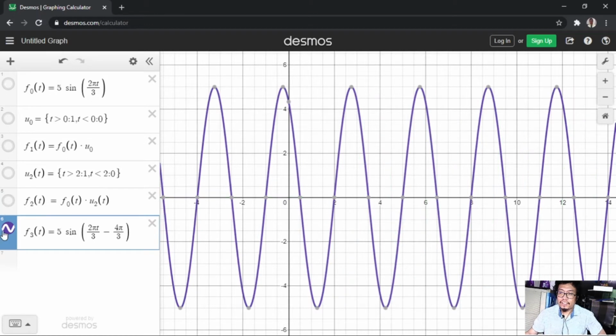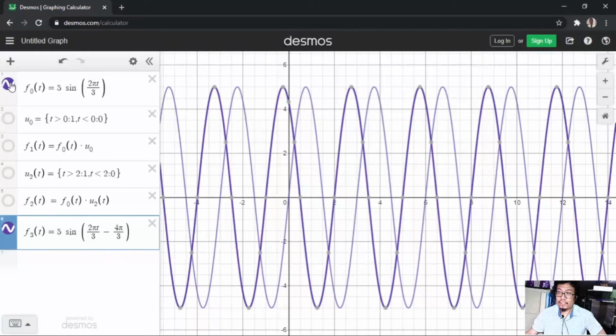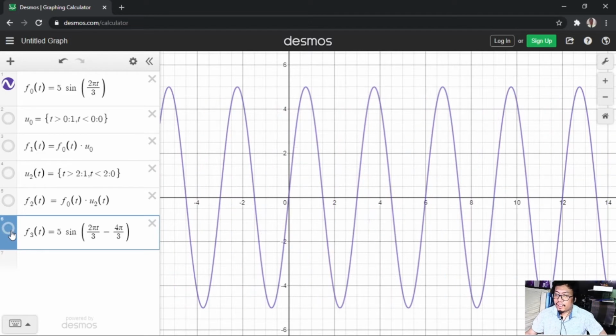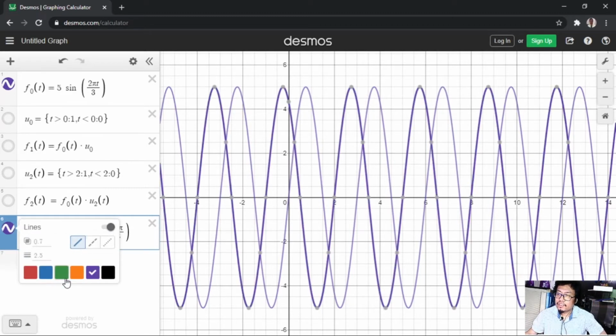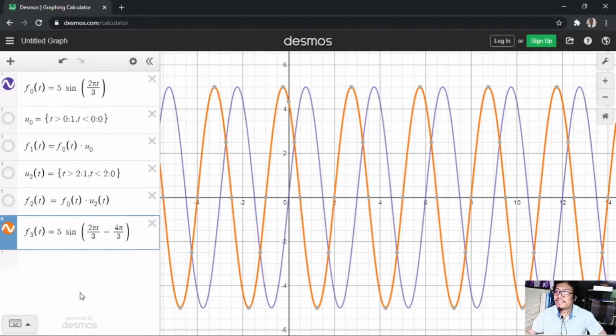Now, you cannot see any difference. There's a difference actually, because I turned off the original signal. I turn the original signal on, and it's unfortunate that they have the same color, so let me change the color to orange. Okay, that's weird.